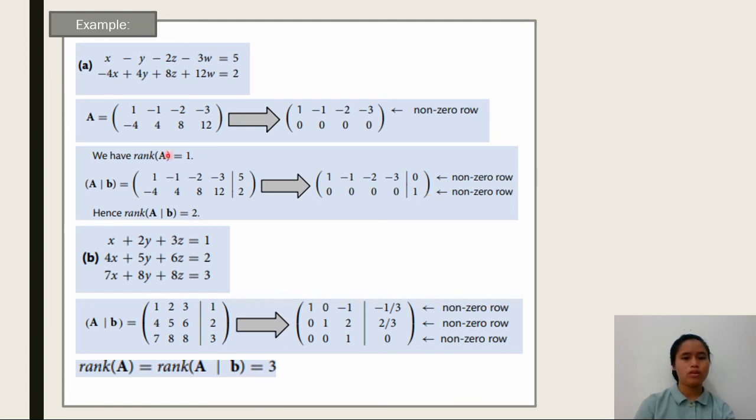So we have rank A is equal to 1, and hence rank of (A|B) is 2, because non-zero is 1, column 1 and column 2. And we make the echelon form, so we get the non-zero rows is 3.